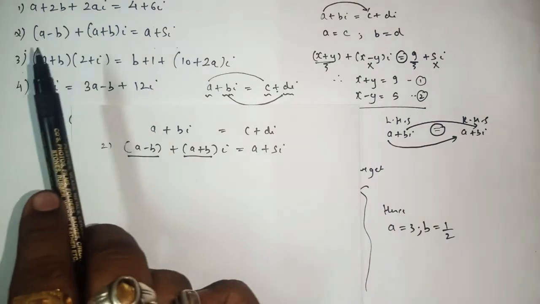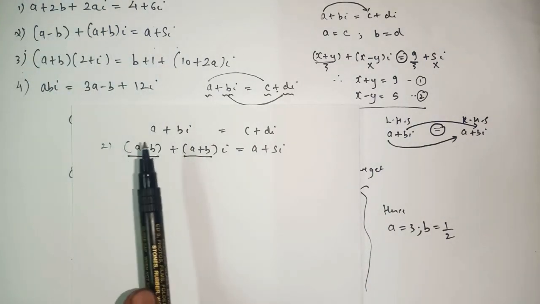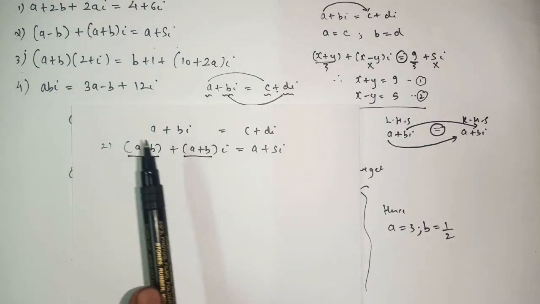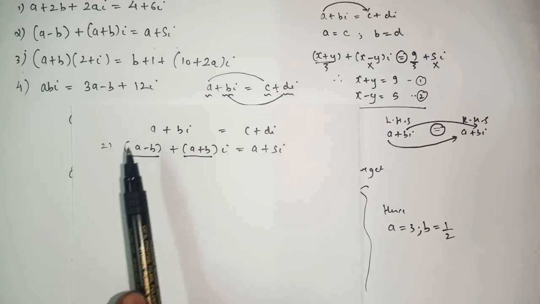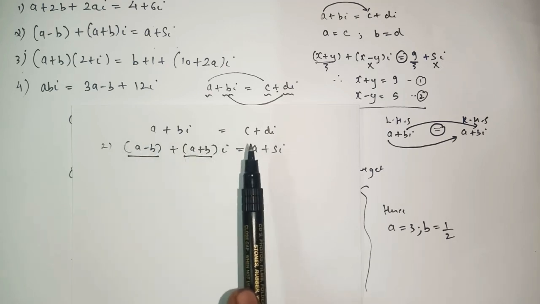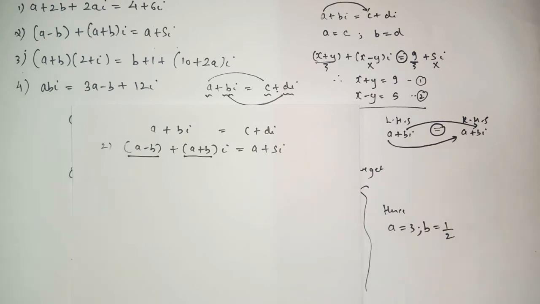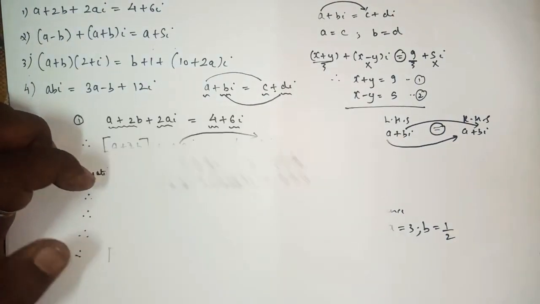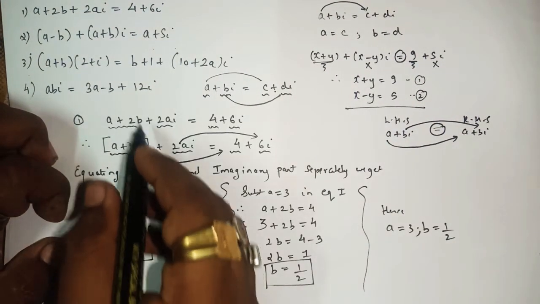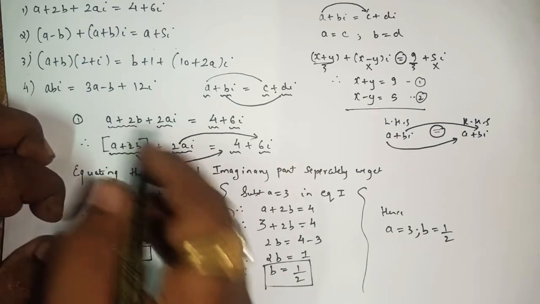Okay, in the second sum, clearly we can see that this was already in brackets, so we'll consider this part as a, this part as b, this as c, and this as d. So here there is no need to do any adjustment like we did earlier.